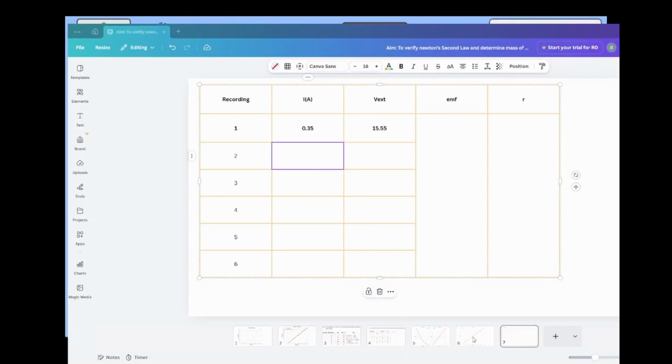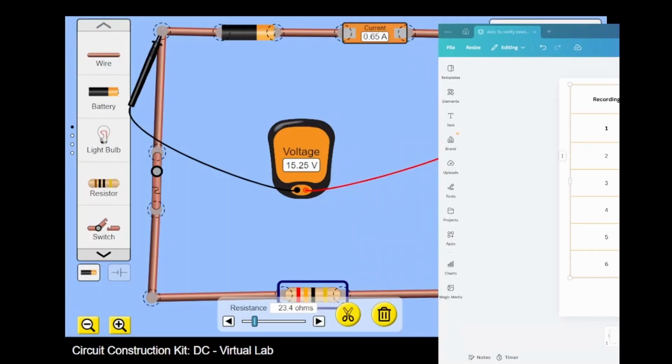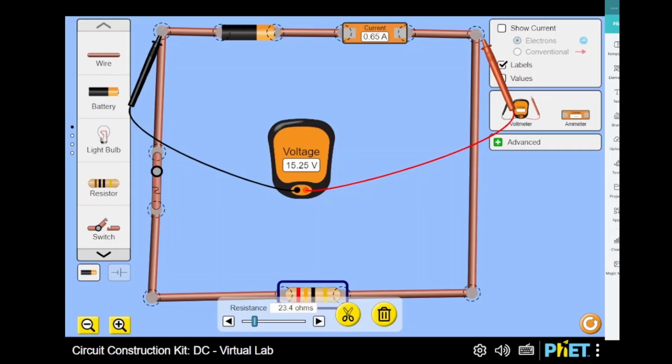So we do the usual process. How I do it is, I keep on changing the resistor. This resistor is a variable resistor here. By changing this resistor, I'm basically changing the current of the circuit, and then I measure the voltage.